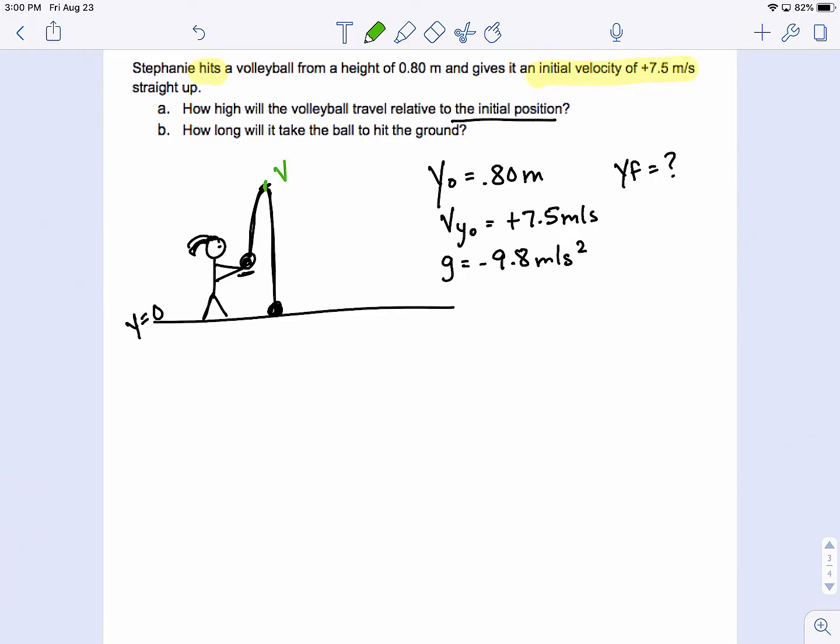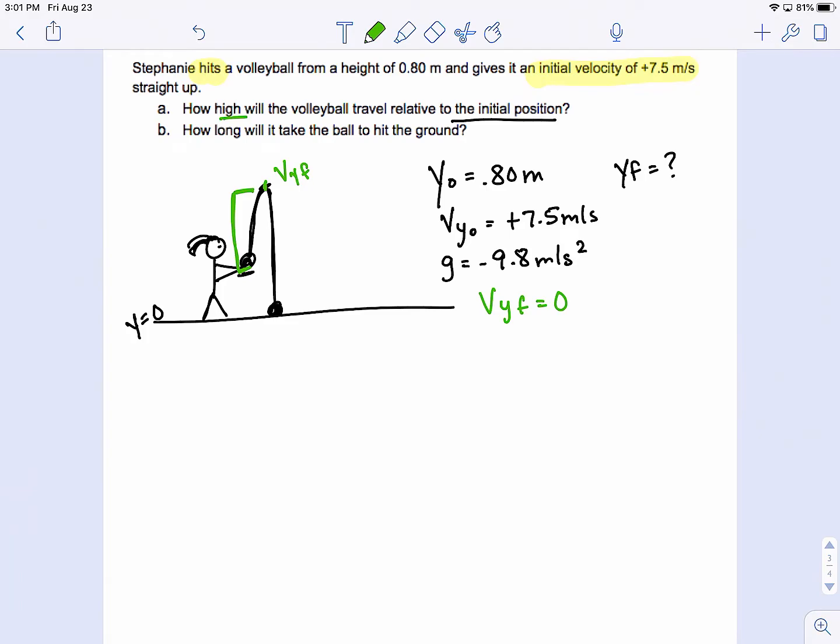We're only looking at from here to here because we want to know the height. And we know the velocity, we'll call that VYF, at the peak is 0. So we're only looking at the motion from when it leaves her arms to the max height.